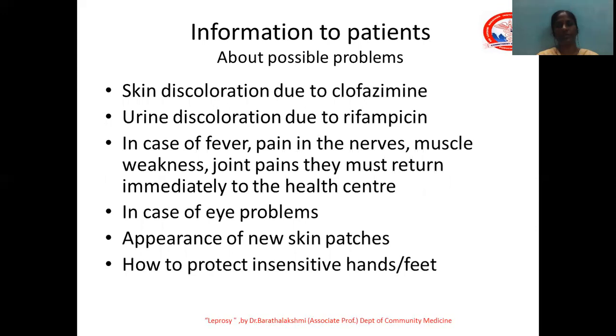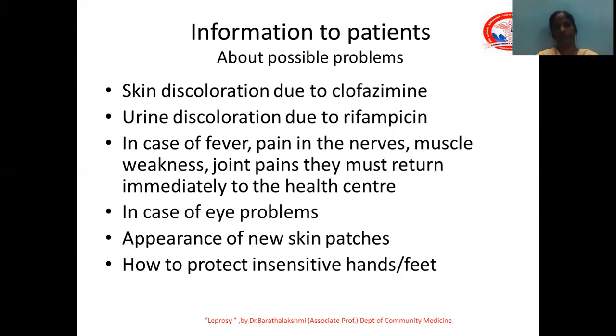Information about the drugs also should be given to the patient, because dapsone, being a sulfonamide, can create peripheral neuritis, and the patient can have neurological manifestations mimicking peripheral neuropathy. Then clofazimine can cause hyperpigmentation of the skin all over the body, and photosensitivity will also be increased.